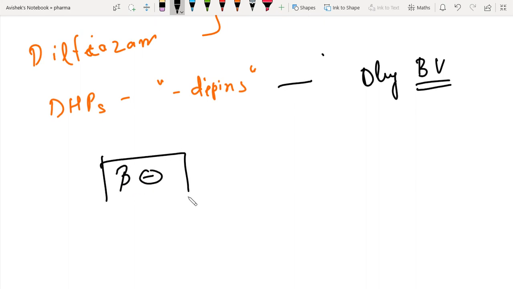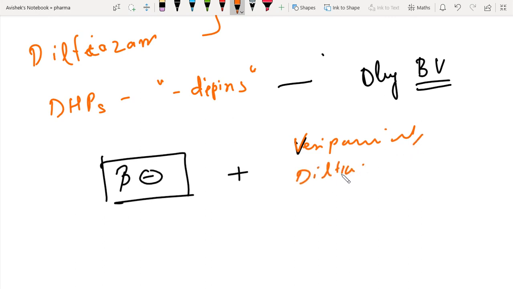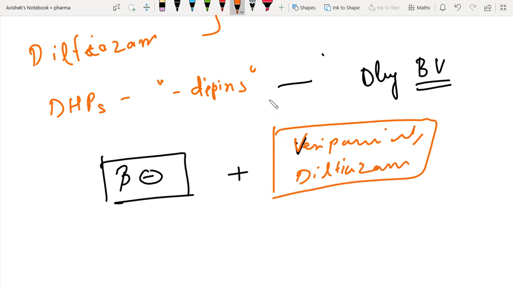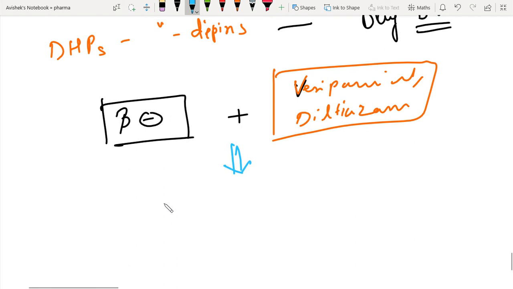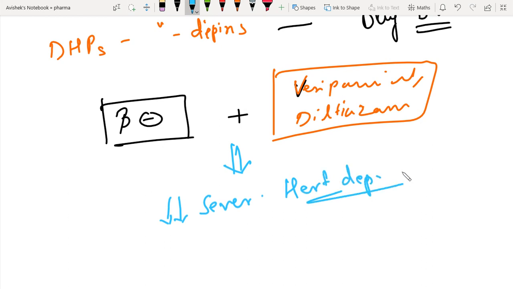Never mix beta blockers plus either verapamil or diltiazem. Otherwise, if you mix both of these, it can cause severe depression of the heart or hypotension.